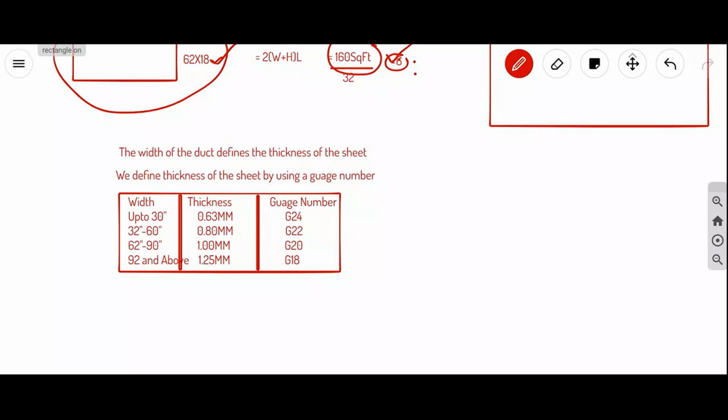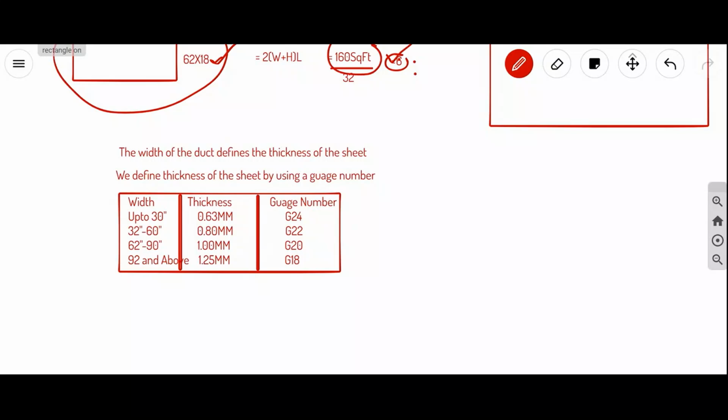For the insulation of the supply duct, what is the material, sir? Maybe glass wool. It may be fiberglass wool, mostly the same. Maybe nitrile rubber.